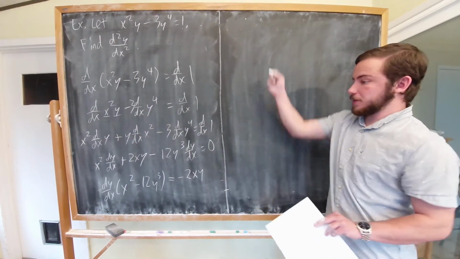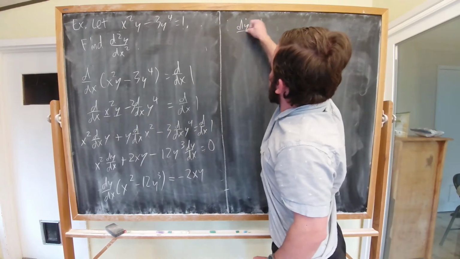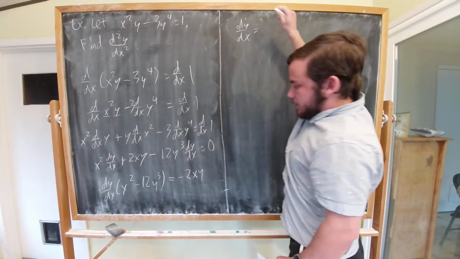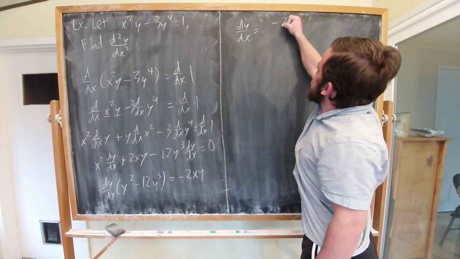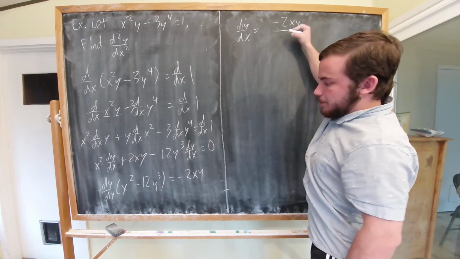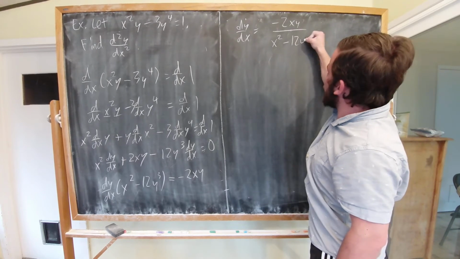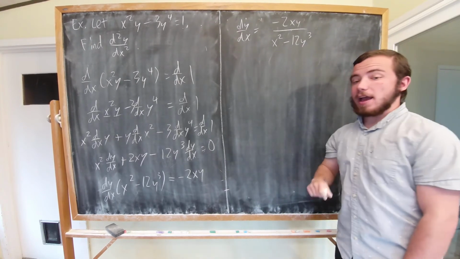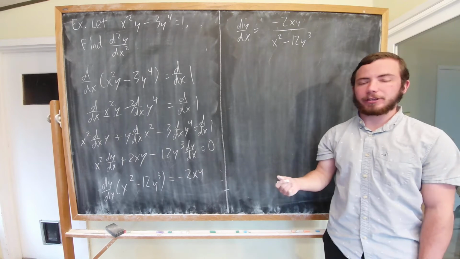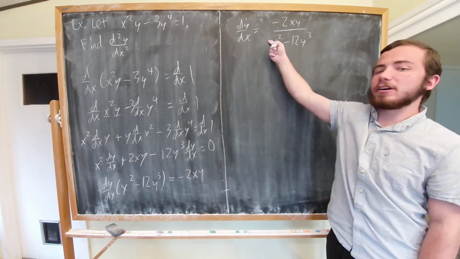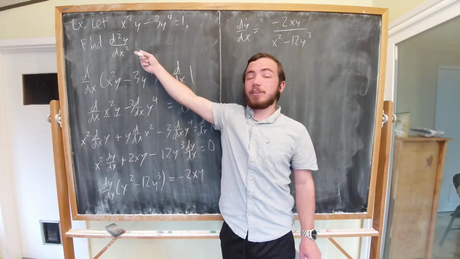Which therefore tells us that dy/dx is equal to negative 2xy divided by x squared minus 12y cubed. And you ask yourself, okay, that's all well and good. Now how do I go from here to finding the second derivative?